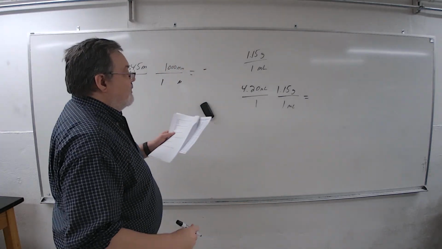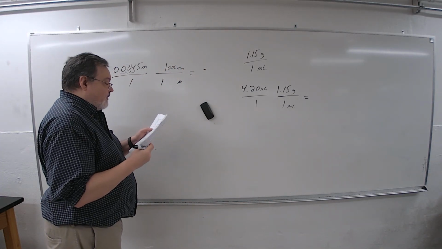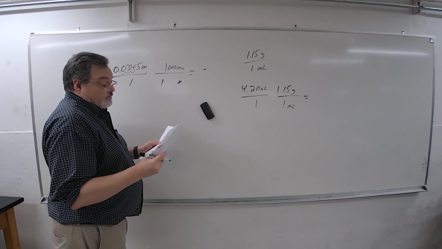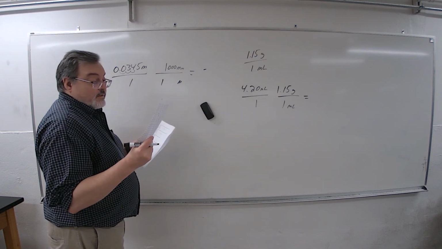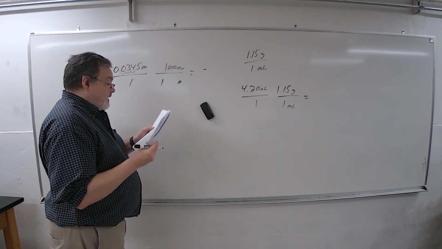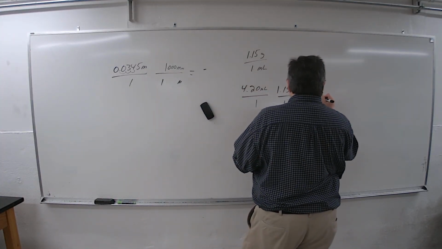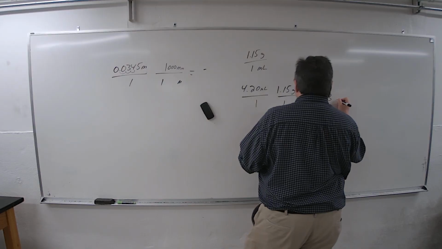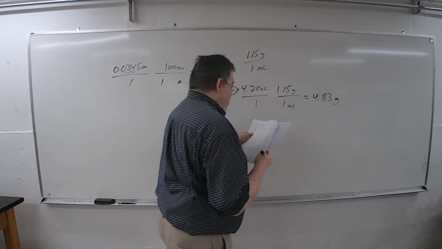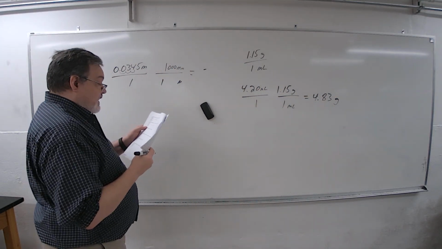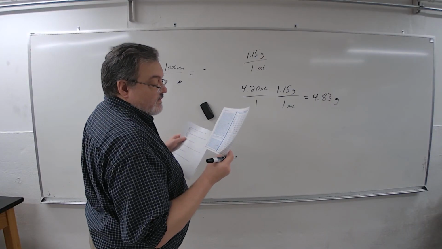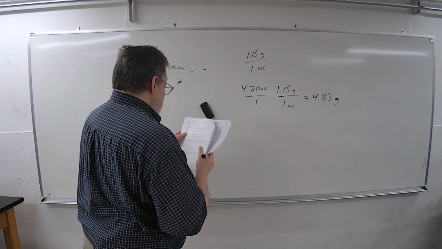And now it's multiplication. So 4.20 times 1.15. 7. I have E. 7 is E.